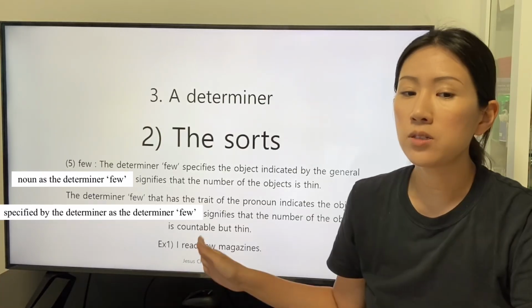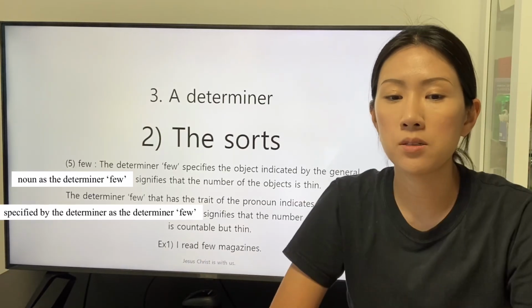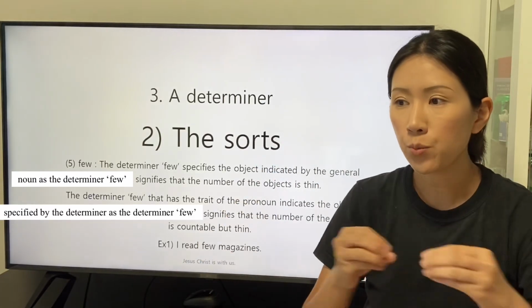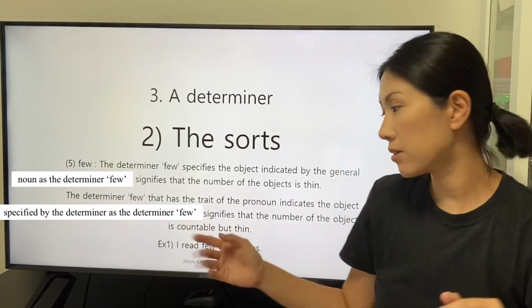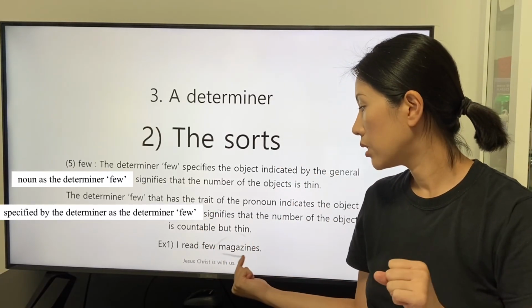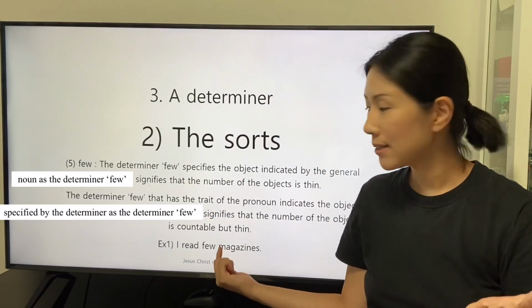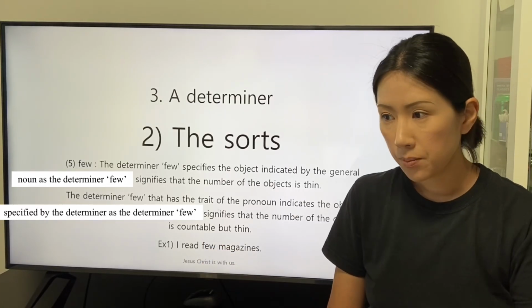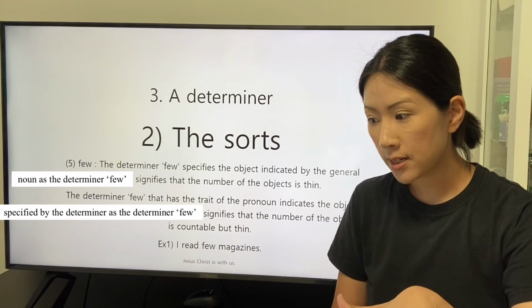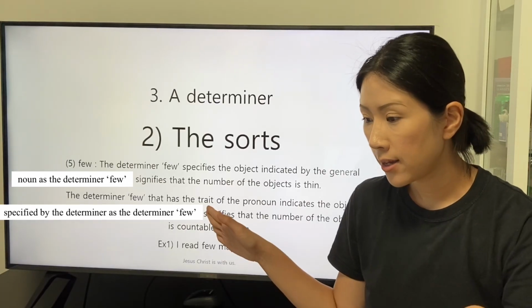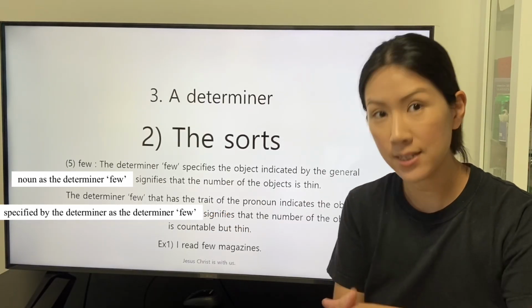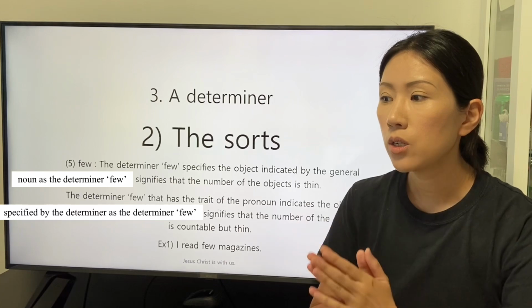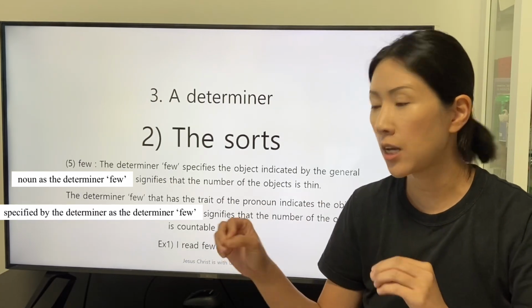There is a clause. I read few magazines. The speaker reveals the fact that the general noun described by the determiner few is classified as a general noun whose number is countable.